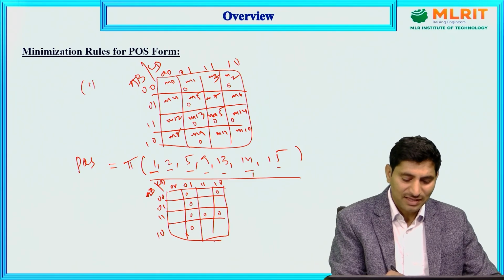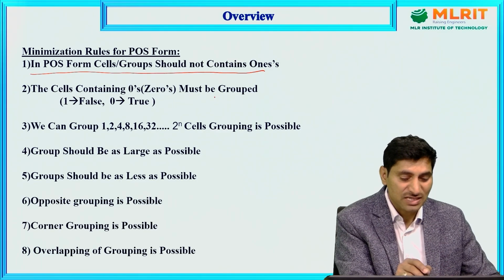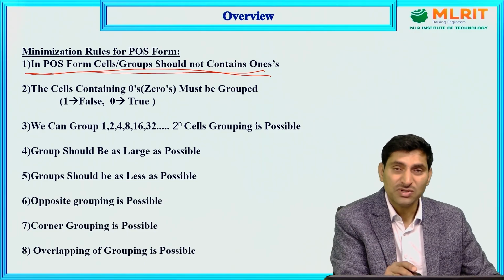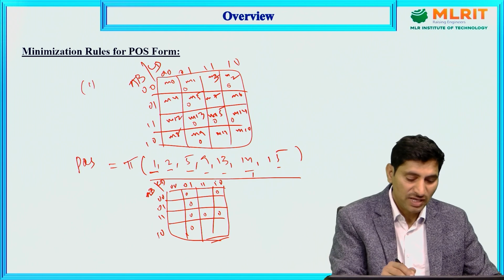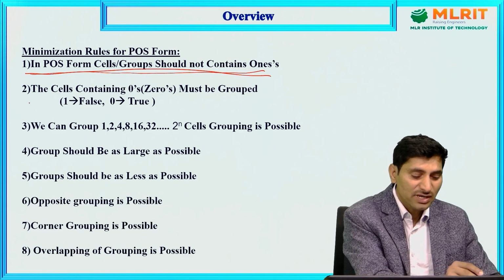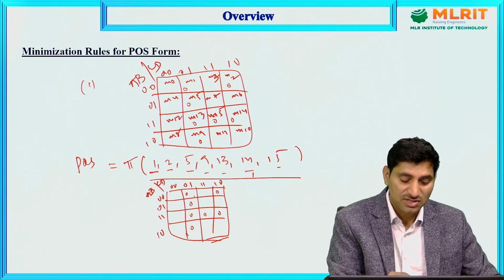So using this, the cells containing zeros must be grouped. What is the first rule? The cells or group should not contain what? Ones. So here you can observe cells should not contain ones. And the second rule is the cells containing zeros must be grouped. So we can group zeros containing cells.